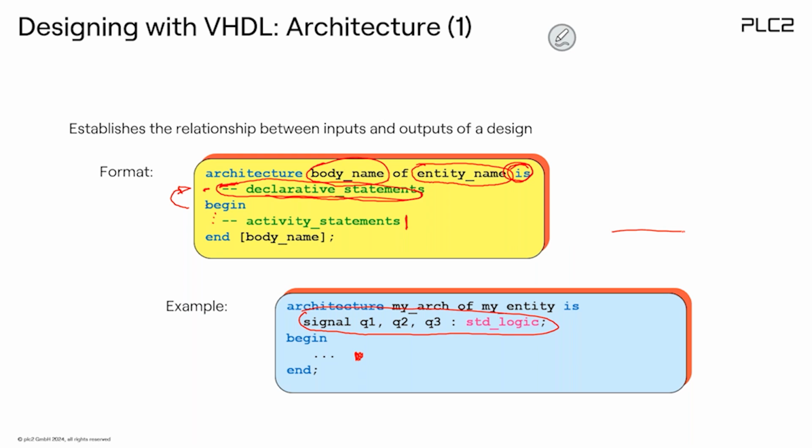But for the definition, you need the keyword signal. Well, and then say a signal Q1, maybe Q2, Q3, and a type. The type is always needed. Signal means I have a connection internally, and before you can use the connection, for example, the connection connects unit A to unit B, let's call it maybe the signal Q1, you have to declare the signal so that it is available.